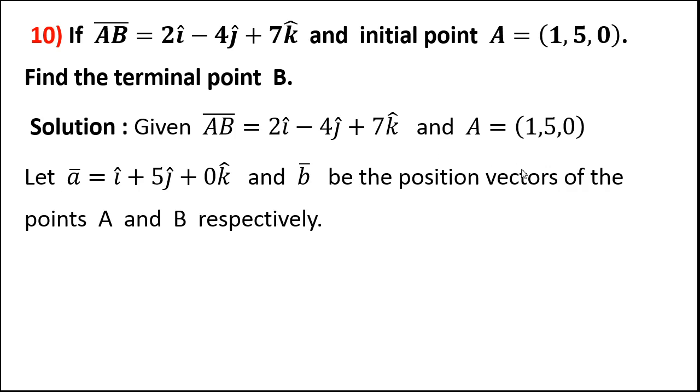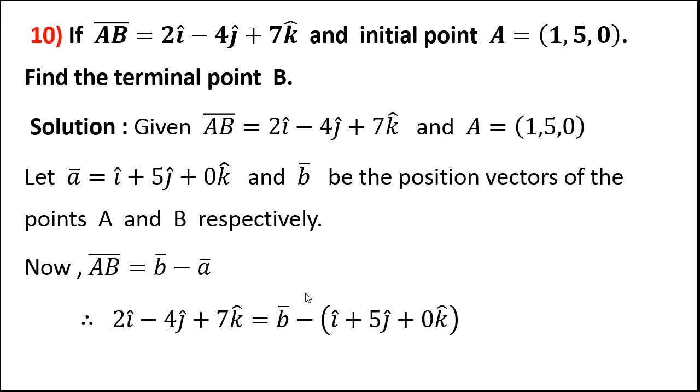Now, since coordinates of A are 1, 5, 0, we may assume that A bar is equal to i plus 5j plus 0k. And B bar is the position vector of point B. We know that AB bar can be written as B bar minus A bar. Now we want to find B bar. AB bar is given.